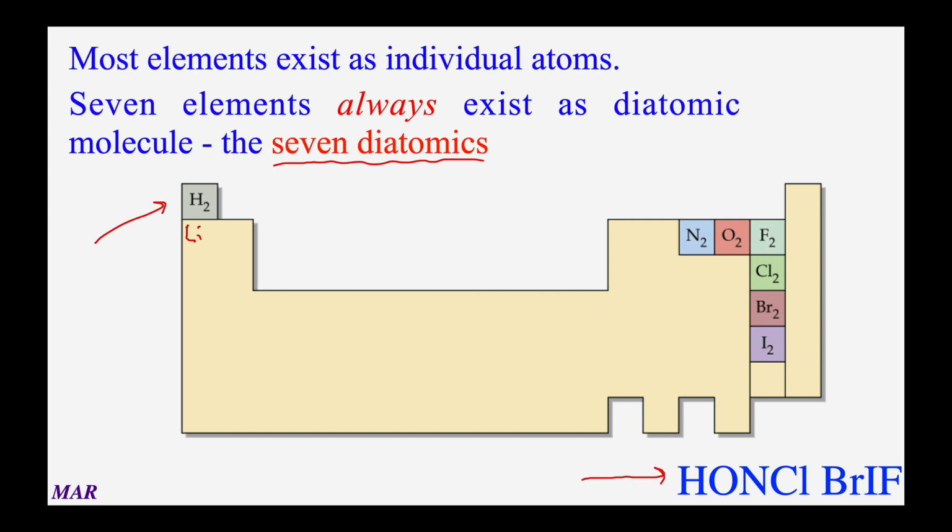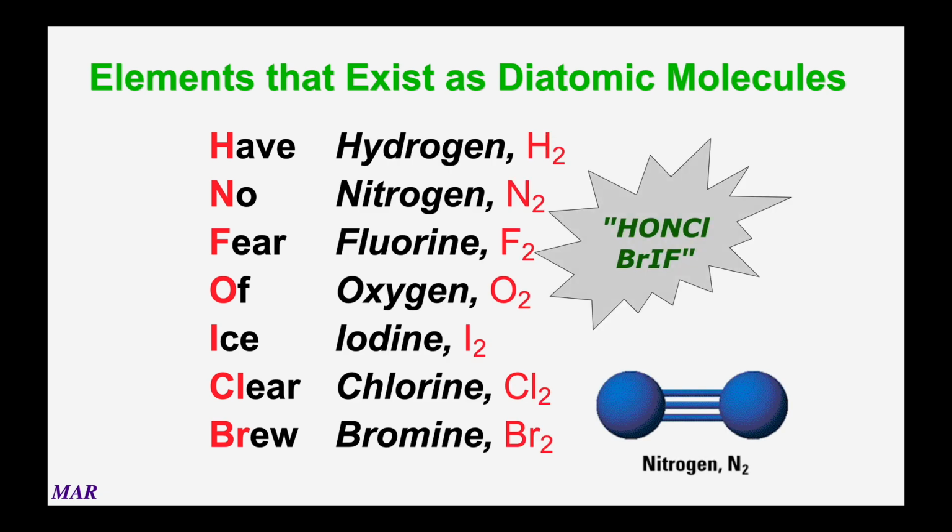One of the ways that sometimes people learn the 7 diatomics is through what's called Honkel-Brief. And Honkel-Brief, if that works for you, H is H2, O is O2, N is N2, Cl2, Br2, I2, F2, etc. Those are the 7 diatomics, and that's a cool way to learn it. My personal favorite, though, is Have No Fear of Ice Clear Brew.